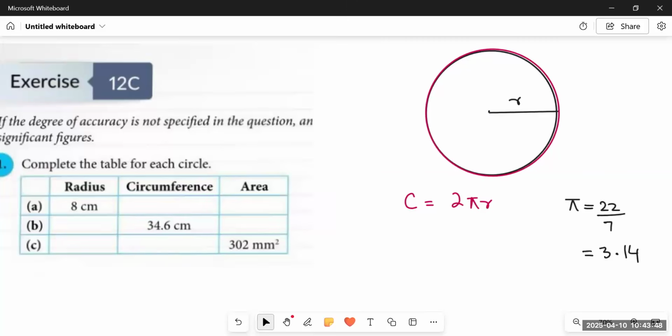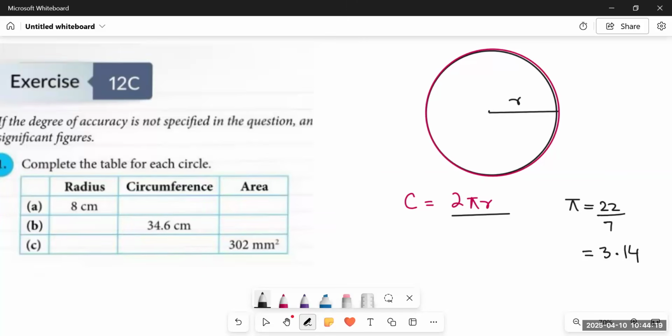Next, put your radius value into this formula, multiplying by 2, by 22 upon 7, by the radius, and check whether the circumference you measured and the circumference from the formula are the same or not. You will be astonished to see that the two are exactly the same.